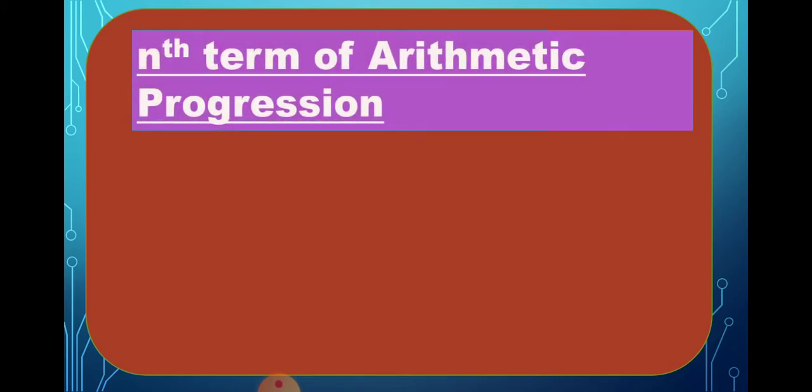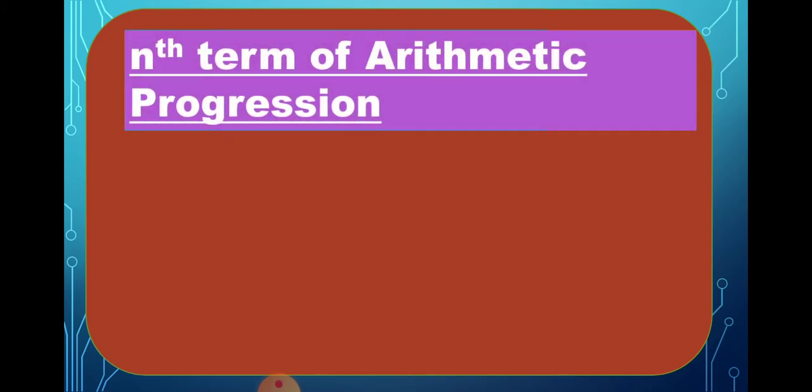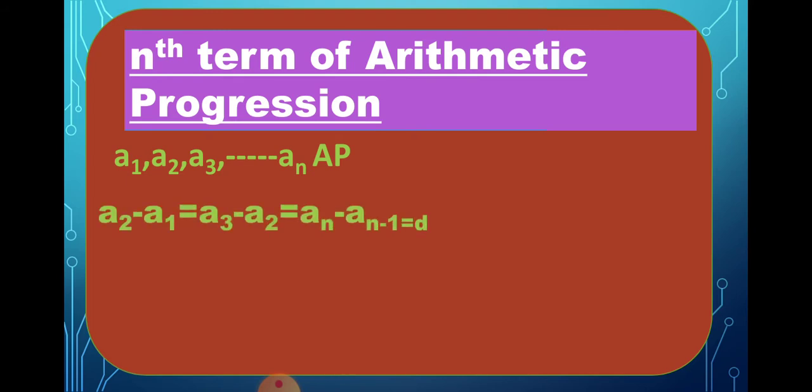Students, let us learn how to find the nth term of an arithmetic progression. Here a1, a2, a3 and so on, an is an arithmetic progression. a2 minus a1 equals a3 minus a2 equals an minus a(n minus 1), that equals d. The nth term of an arithmetic progression, an equals a plus (n minus 1) into d.